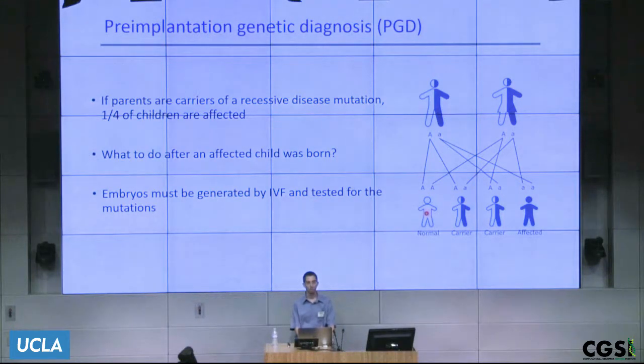In this process, oocytes are extracted from the mother, and sperm from the father, and then the eggs are fertilized on a plate in vitro, and then the embryos are tested for this disease mutation. And only embryos that are not homozygote carriers are implanted into the uterus of the mother to initiate pregnancy.